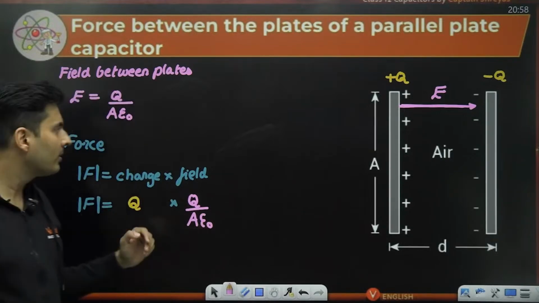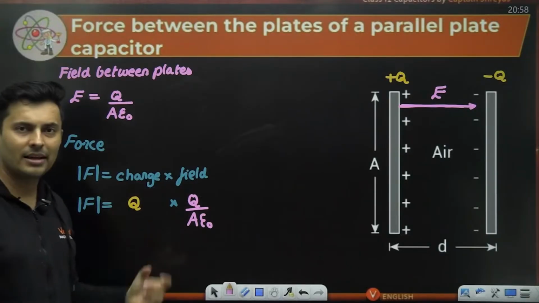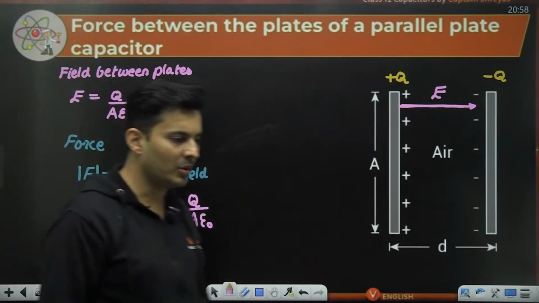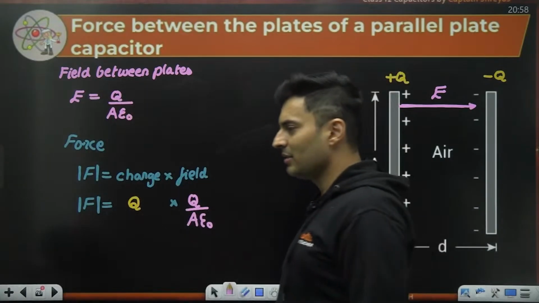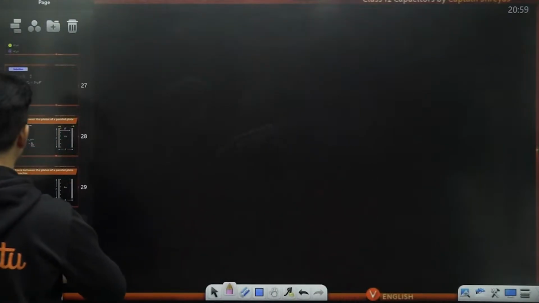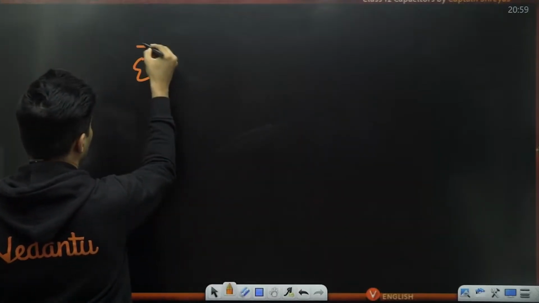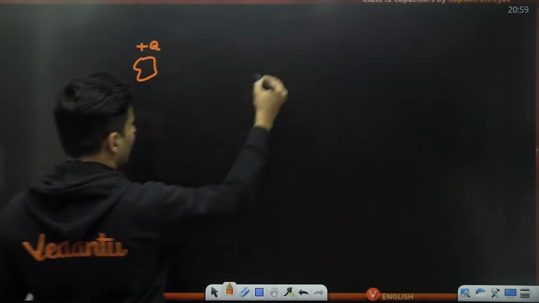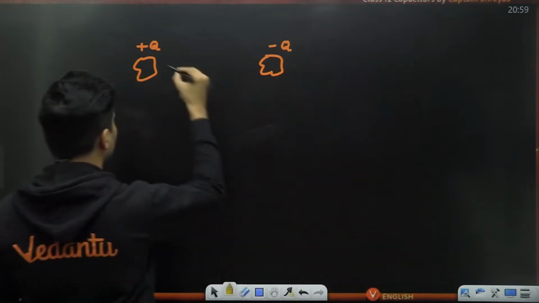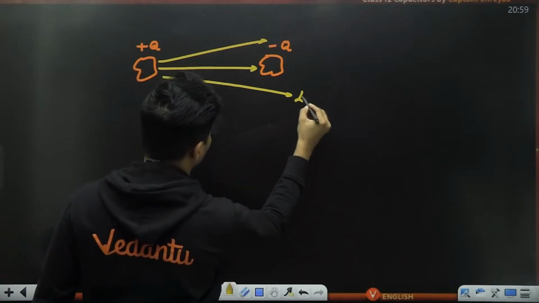Can you point out to me what is the wrong thing? What is that mistake which I have done in this derivation to figure out the force between the plates of a capacitor? Just think about it. The very big conceptual blunder. To give you that hint, imagine there is some positive charge here and some negative charge here. This positive charge is giving some kind of electric field like this.